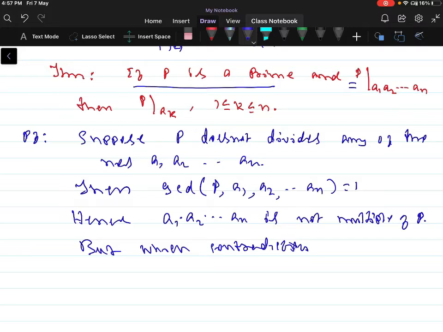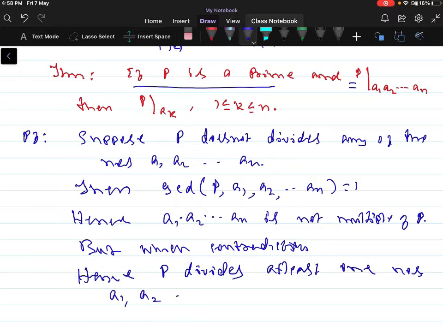Therefore p divides at least one of the numbers a1, a2 and so on an. So that is p divides ak, where k lies between 1 to n.